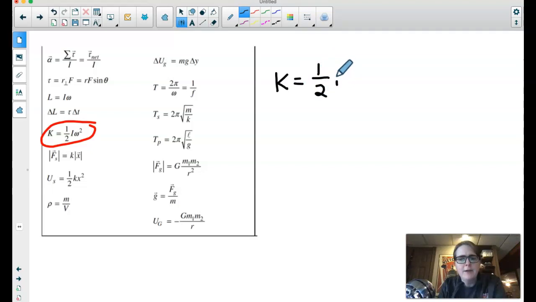Earlier this year, we had 1/2 mv squared, where m is that inertial mass, so how difficult it is to change the object's motion. Now with rotational kinetic energy, we have rotational inertia, which is that capital I. And then instead of linear velocity with a v, we now have angular velocity with an omega. So that's how we would find rotational kinetic energy.